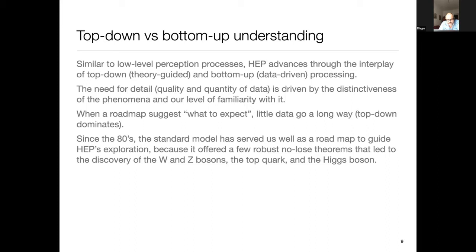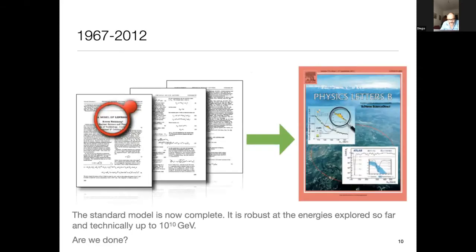This is this beautiful theory that with very few parameters tells us exactly what to expect in many, many different places. And so our colleagues have been looking in those places and have, one by one, found the evidence that confirmed the standard model in the form of W and Z bosons, top quarks, and finally the Higgs boson. So you have something that started at the end of the 60s and concluded in 2012 with the discovery of the Higgs boson.